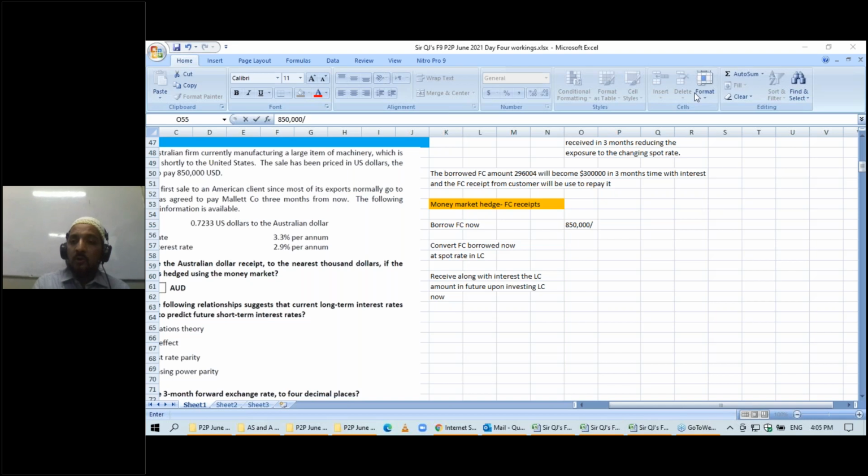In order to do this, first we will calculate the rate of borrowing, RB. RB is over here 3.3%, 0.033. This is an annual rate. We have to convert it into 3 months time.